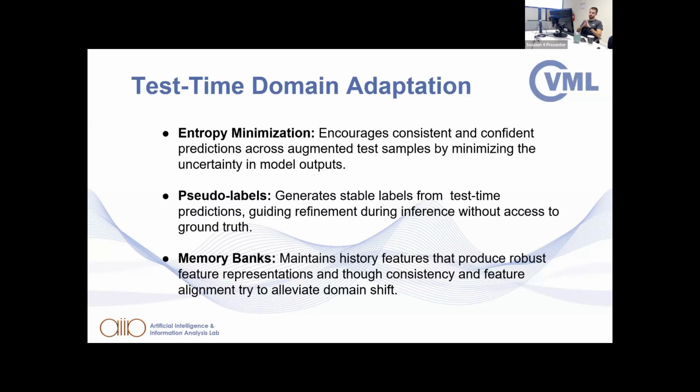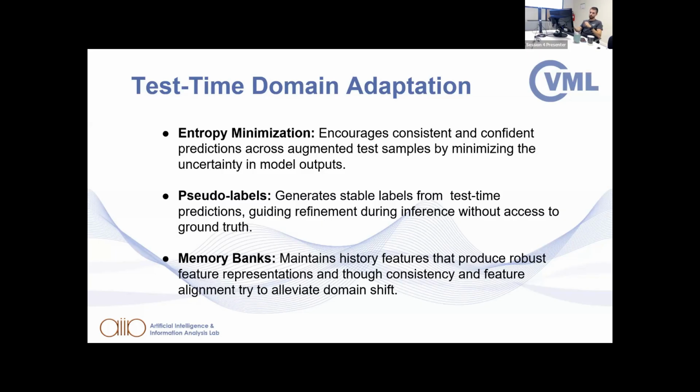Of course, this can degrade the performance of the model. To avoid this, we use some filtering that uses only the part of the image where the model is very confident. The third method is the memory bank, where again we take the most confident part of the image and create some features.